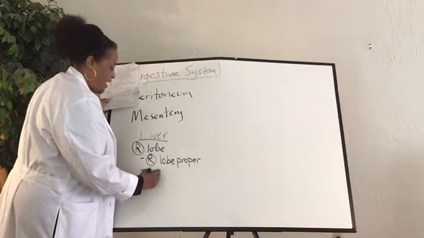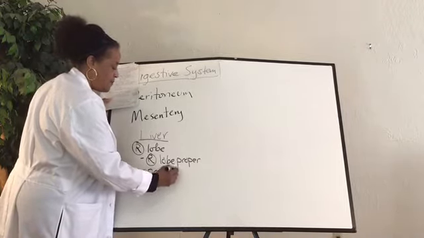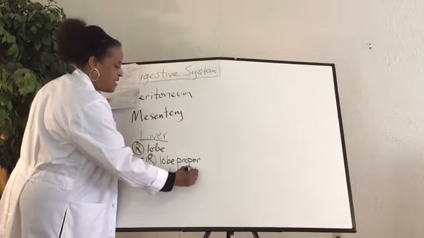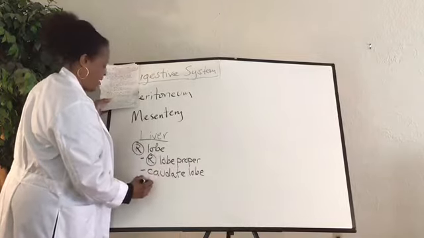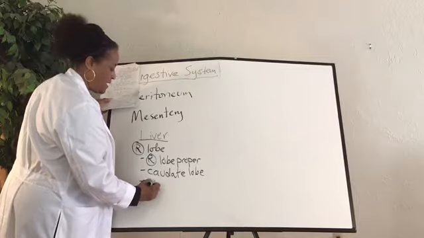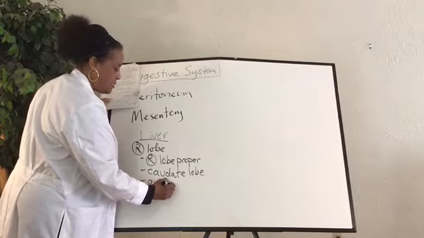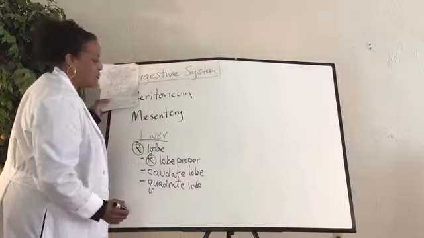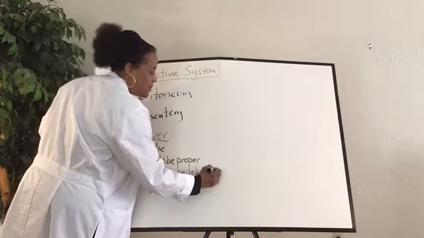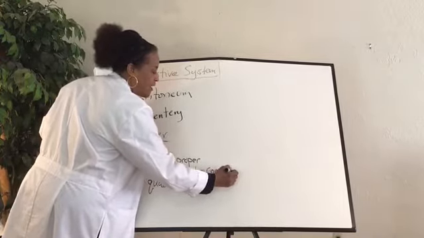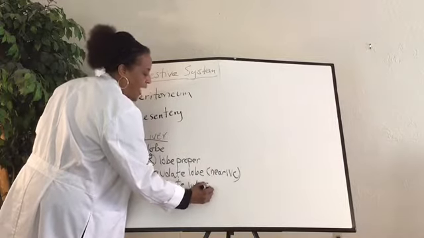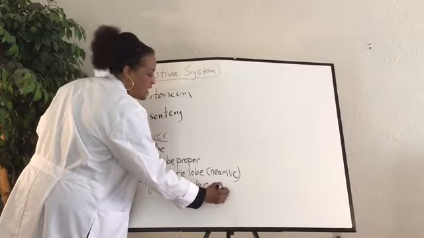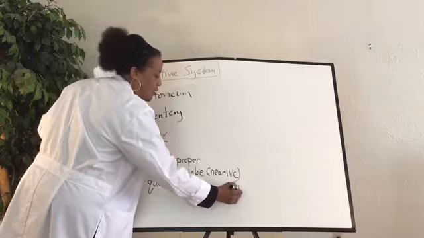You have the caudate lobe. You can see this in your text. And you have the quadrate lobe. Now I want you to remember that the caudate lobe is near the inferior vena cava, and the quadrate lobe is near the gallbladder.